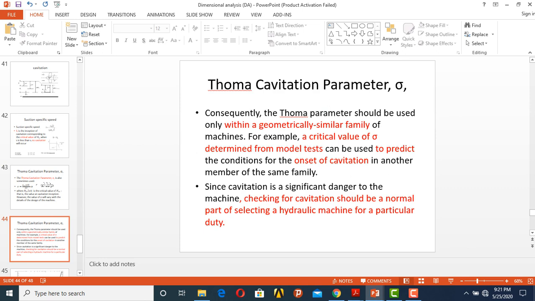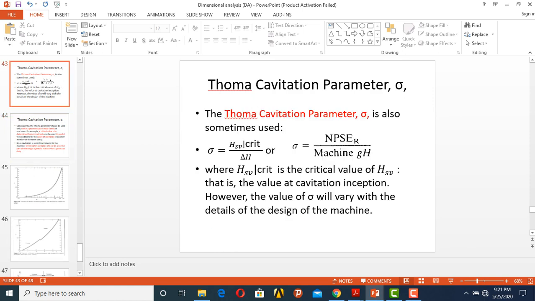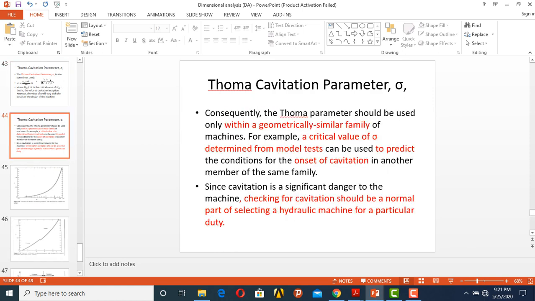Since cavitation is a danger to the machine, checking for cavitation should be a normal part of selecting a hydraulic machine for a particular duty. Every time you are about to get a new machine, you always look at the cavitation.